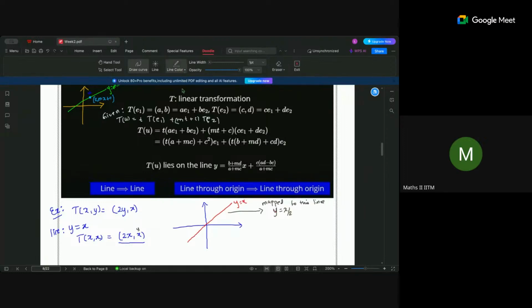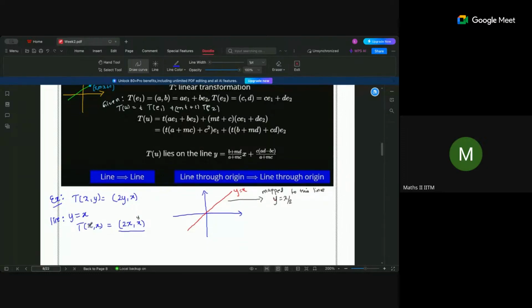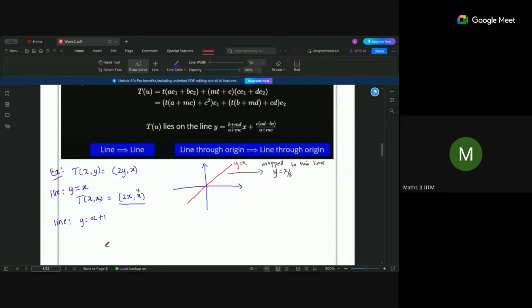Now what about another line? Let us consider the line y is equal to, let us say for example, x plus 1. Now can you tell me what is T of x comma y now? So you have 2 times x plus 1 comma x. So this is 2x plus 2 comma x, right?